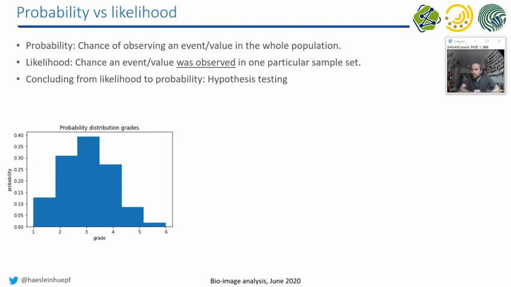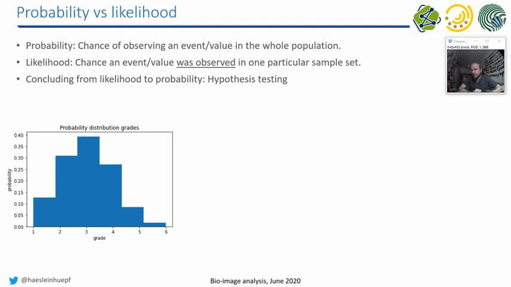If I now go out and measure the height of 10 people, I actually can draw a distribution, a diagram of the likelihood, what I observed. So the one thing is a property of the population, and the other thing is a property of the observation.